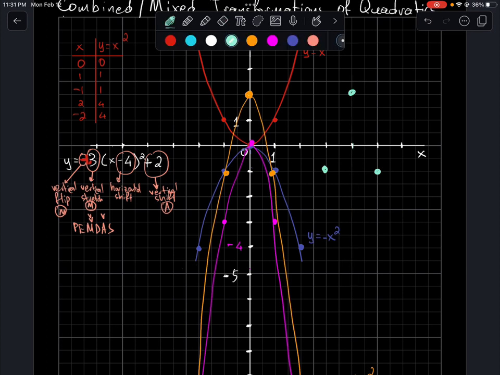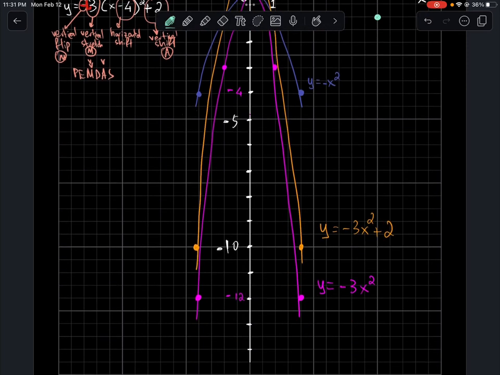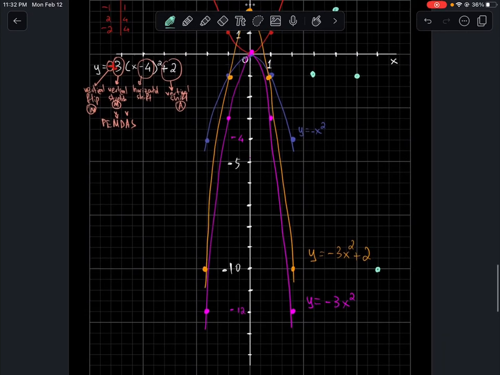Okay, now let's continue with the next point. The next point is this point, and I'll count 4 steps. 1, 2, 3, 4. So it will end up right there. I will find where this point goes, and I'll find it 2 ways.